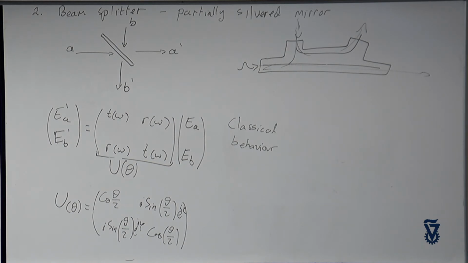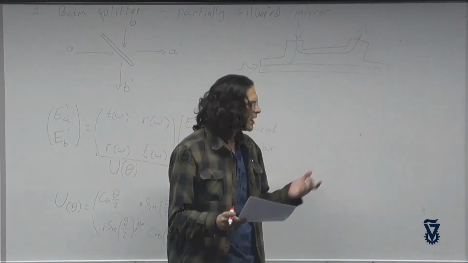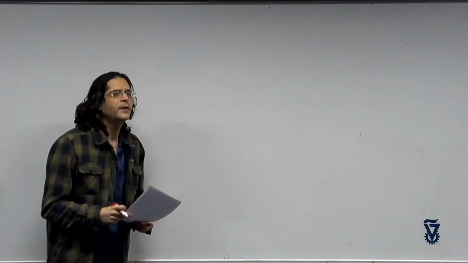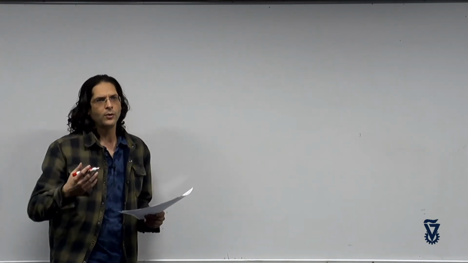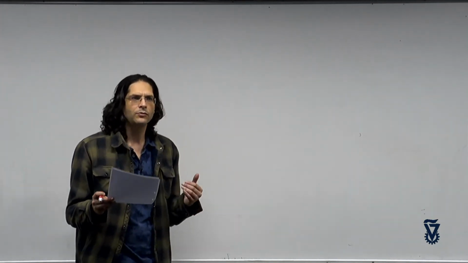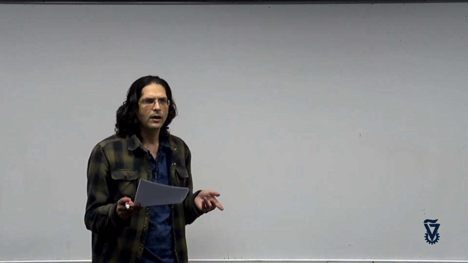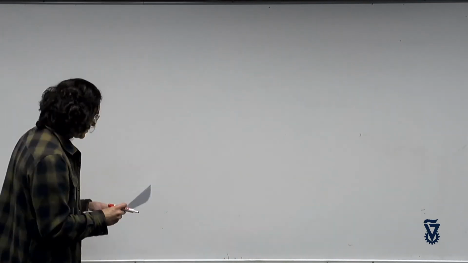So I'm not deriving a quantum version. I'm just giving you the Hamiltonian, and then I'm going to show you in simple steps how it reproduces the classical result in the limit of a coherent state. Or I'm going to show you the way to do it. You can fill in the math yourselves.